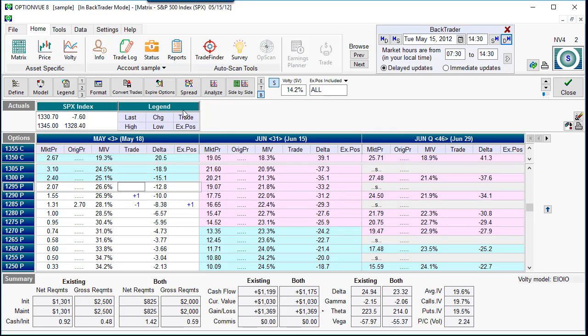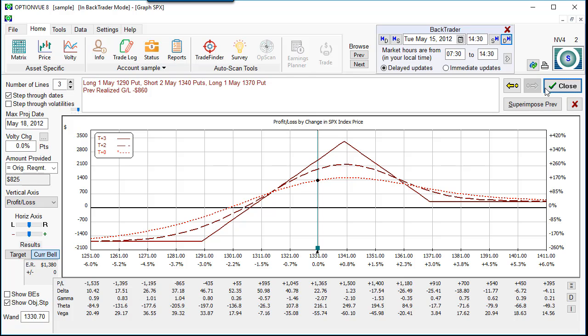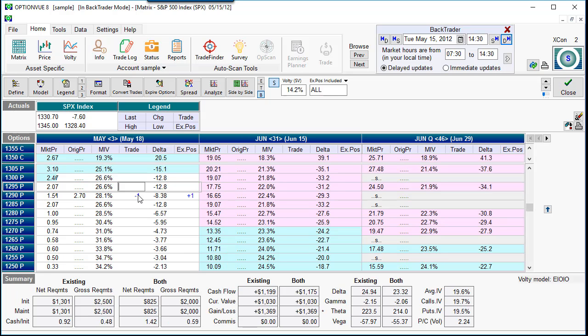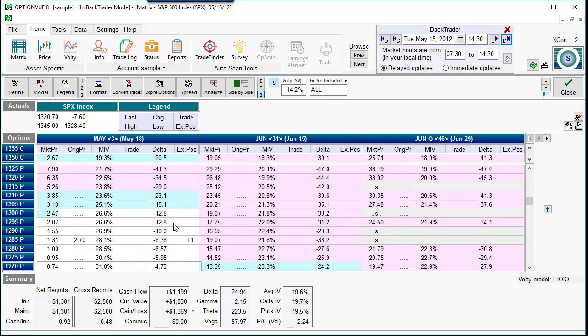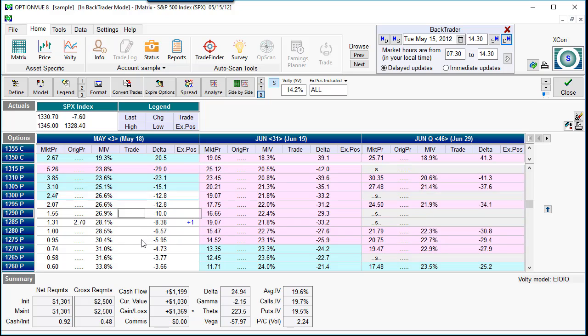But you can also say, well, I can start pulling these up, and I have a true delta of plus 24.